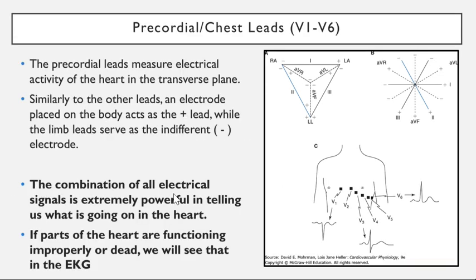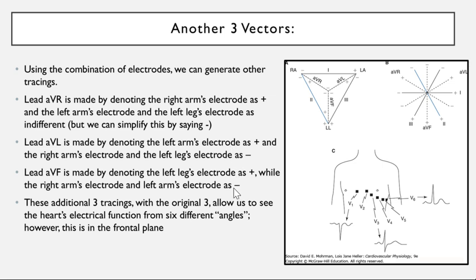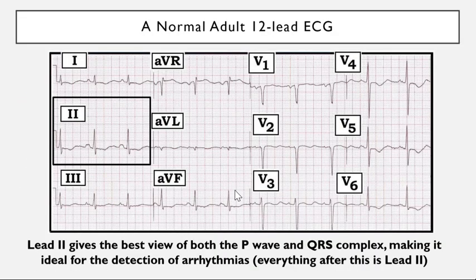The combination of electrical signals, extreme power. You'll see that in lead. So don't focus on these leads, where they're placed, all of that. There are extremely complicated diagrams you can see here. In a classical EKG, there are up to 12 different spots you can look at in the ECG.